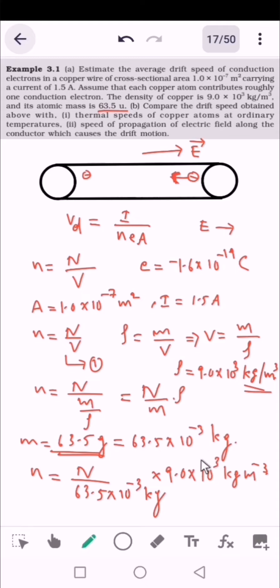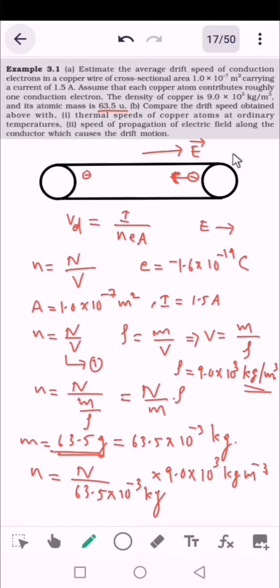Now we need to know the value of n. So what is n? Actually it is the total number of charge carriers, and here it is said that each of these copper atoms contributes 1 electron.